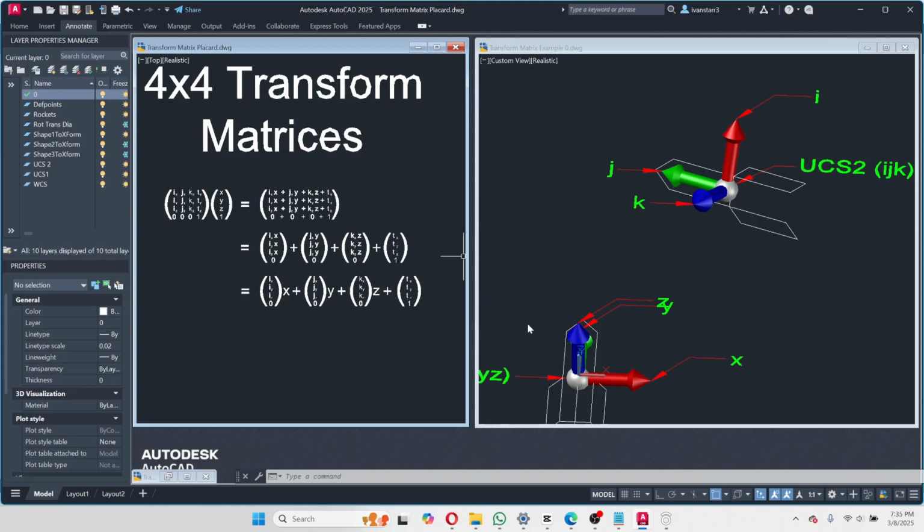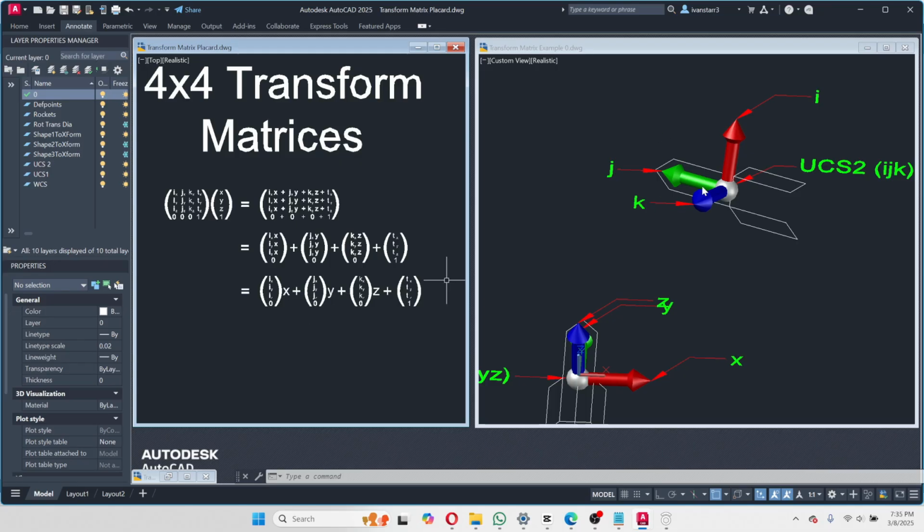and it takes the x-axis unit vector of the alternate coordinate system and multiplies it by x. It takes the y-axis unit vector, j, and multiplies it by y.